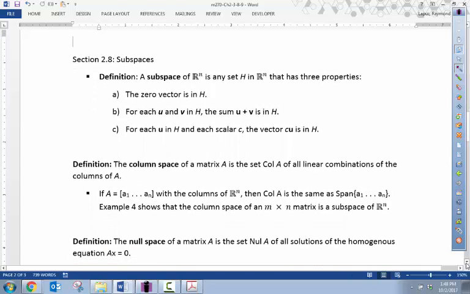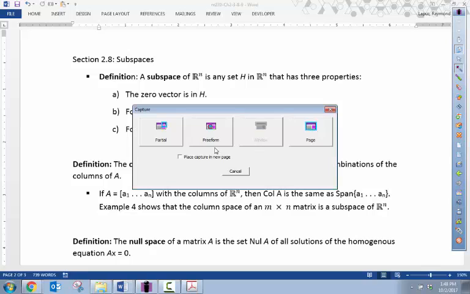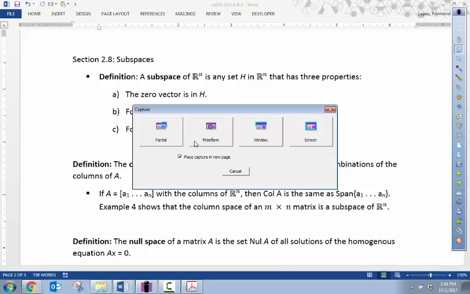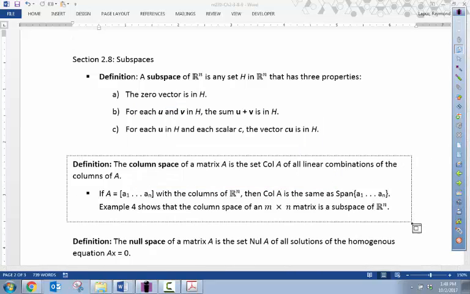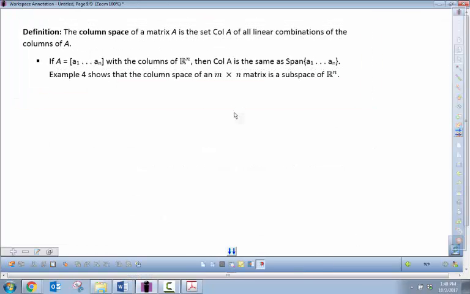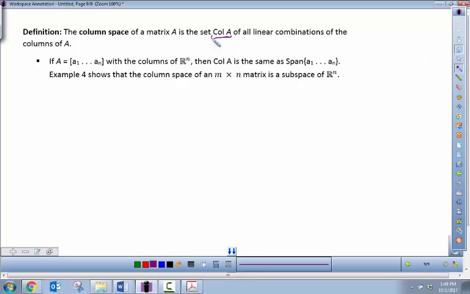Turns out that anything spanned by vectors is a subspace. Let's start with a column space. The column space of a matrix A is the set of all linear combinations of the columns of A. So it's written as COL, for columns.